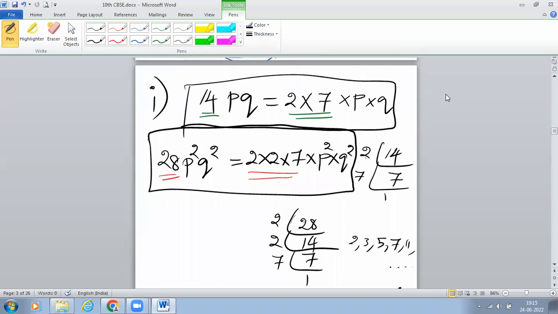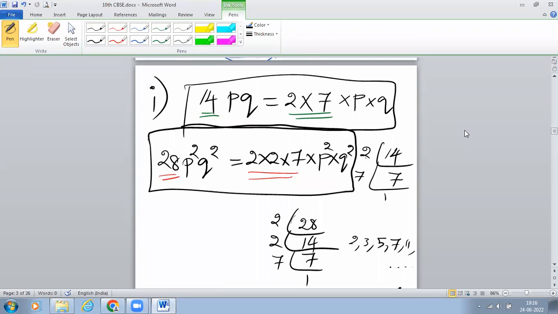Then I will explain how to write the common factors. Completed?